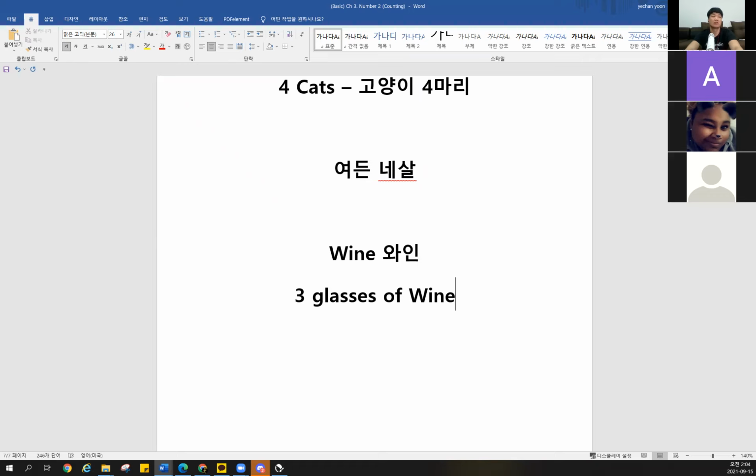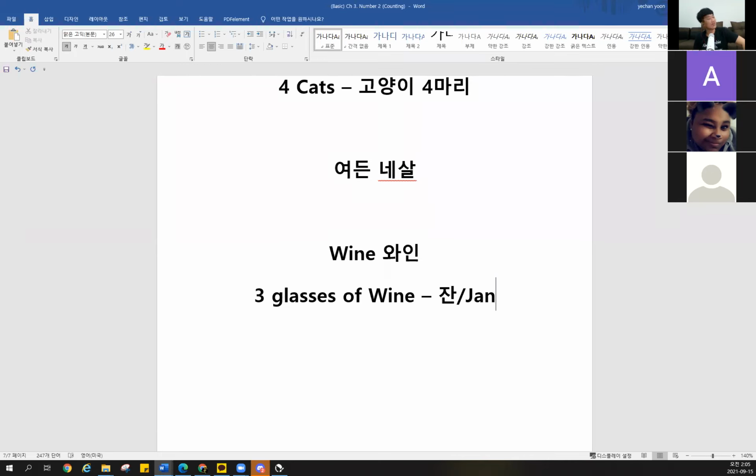The counting word for glass was 잔, right? 잔. Then how can you say 3 glasses of wine? You can write down in the chat. The format was object, number, counting word. How can you say it? Object, number, counting word.